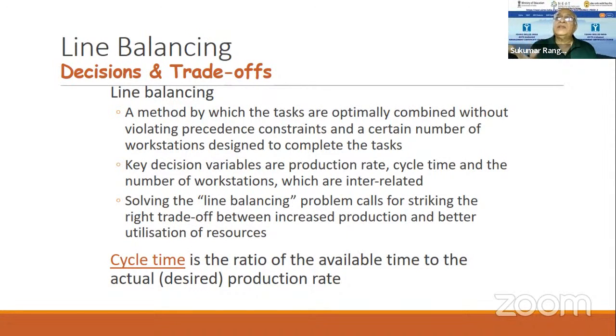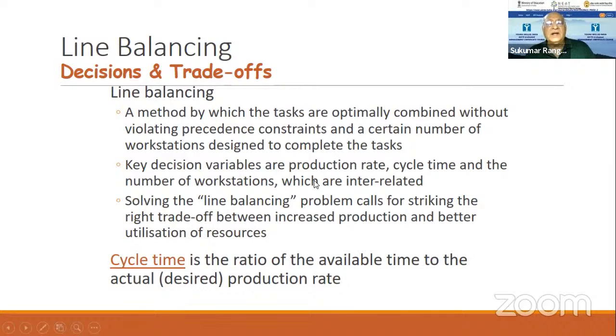So 1.5 hours is the bottleneck, because if you want to bring the throughput to 20 minutes, then this 1.5 hours, which is actually 90 minutes, 90 divided by 20, that many number of stations. So let us say 5 stations, because 90, if you round off to 100, considering it is a critical job. So we need 5 workstations here to ensure that the throughput will become 20 minutes.